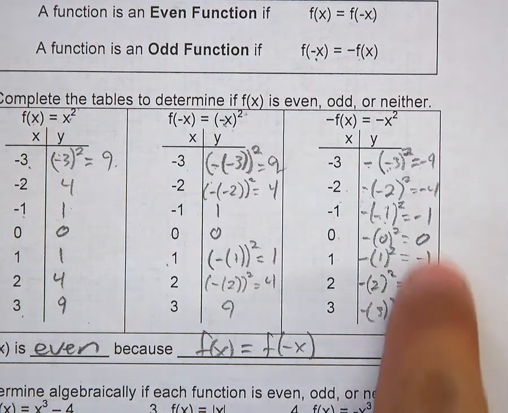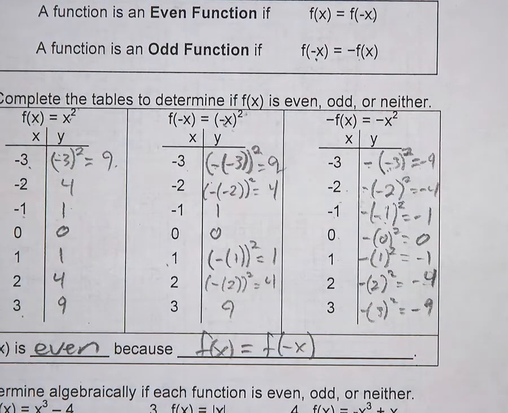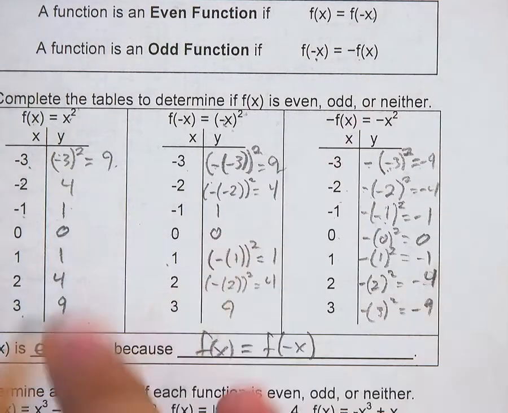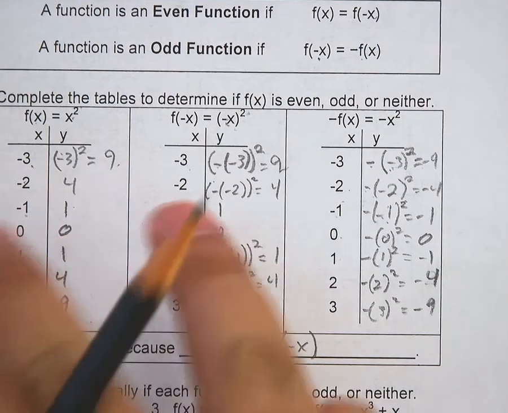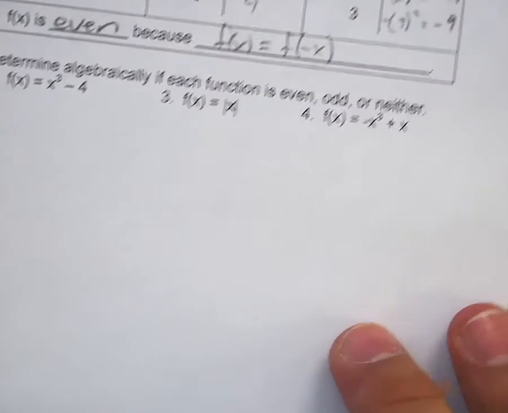Are these numbers the same as these numbers? No. So that tells me right off the bat that since these are the same, it's going to be even. All right. If you want to rewind that one more time, feel free to.